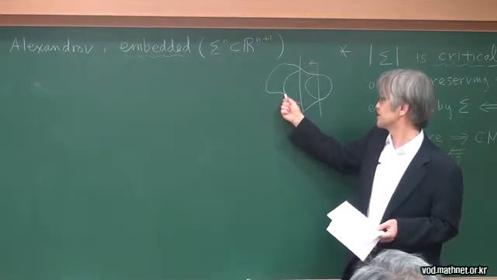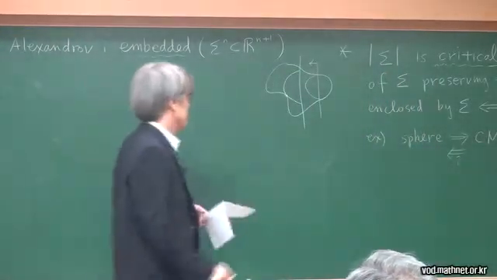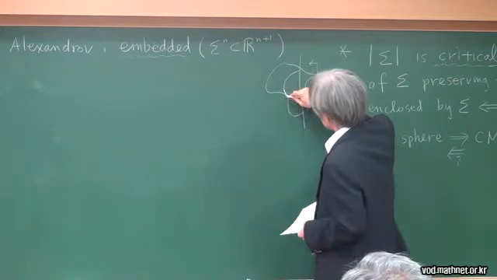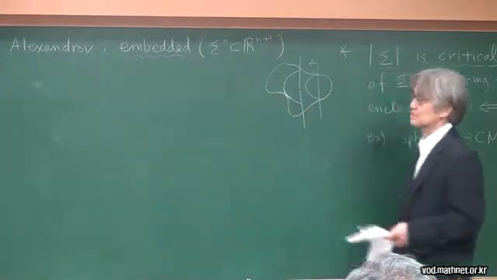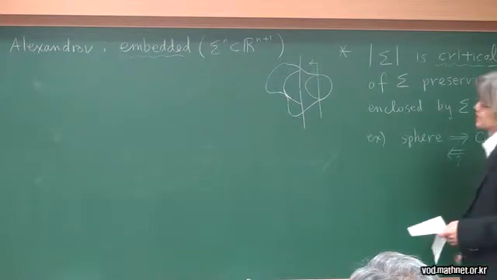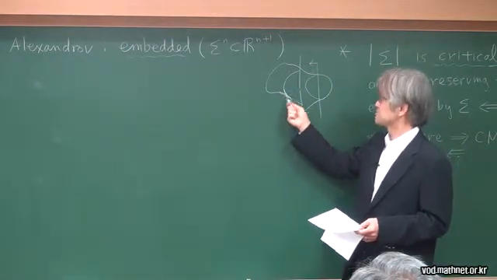At this interior point we can apply the maximum principle, because CMC surfaces cannot touch each other from one side. Okay? So they have to coincide by the maximum principle.